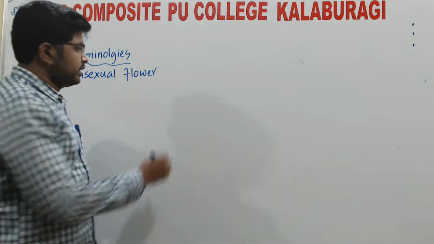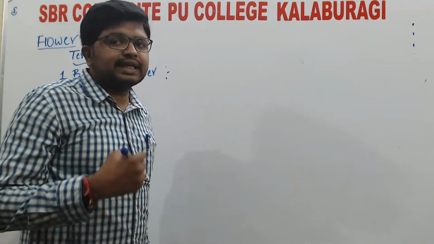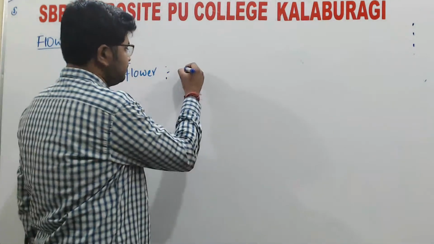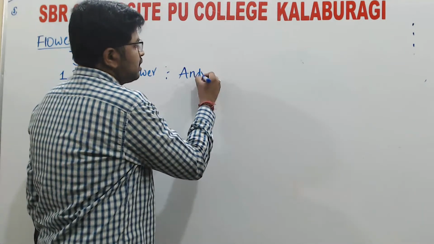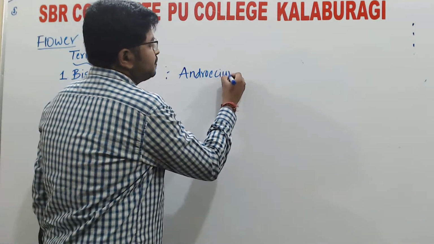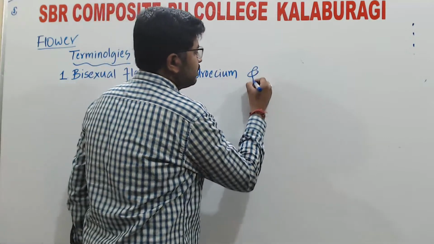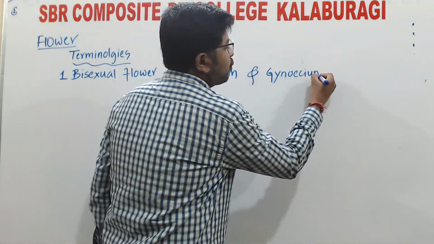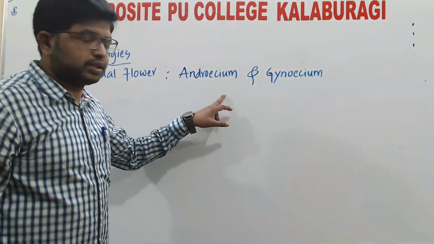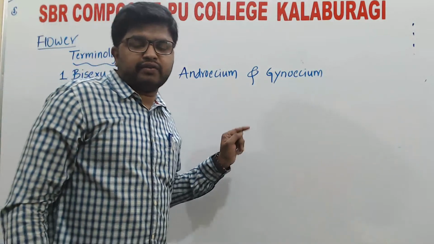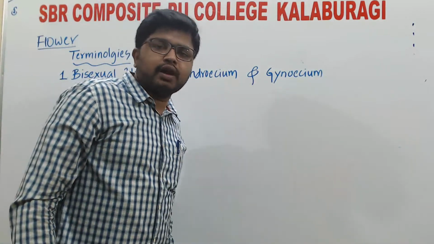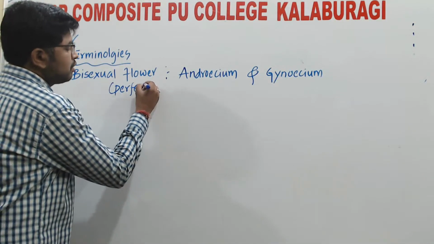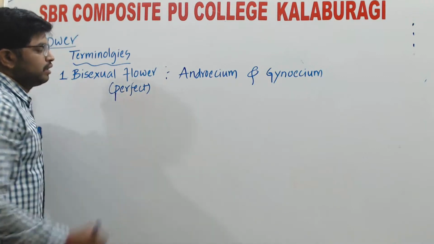Bisexual, as the name suggests, when both the essential whorls, androecium and gynoecium, are present, such a flower we call a bisexual flower. Also, you can call it a perfect flower.